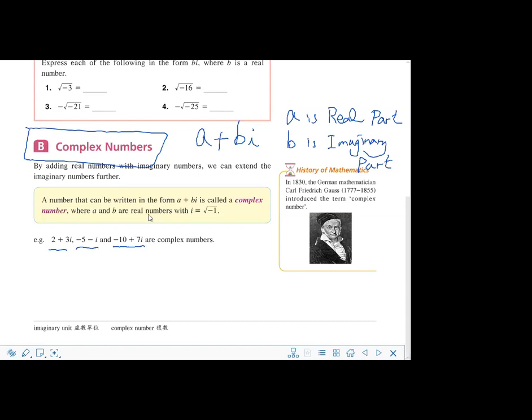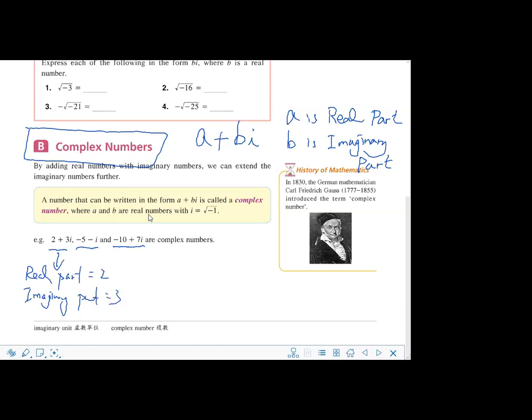So a plus bi is a complex number. A complex number is composed of 2 parts. The real part is the no-i part, and the imaginary part is the number multiplying the i. For example, for this number, the real part is equal to 2 and the imaginary part is equal to 3.